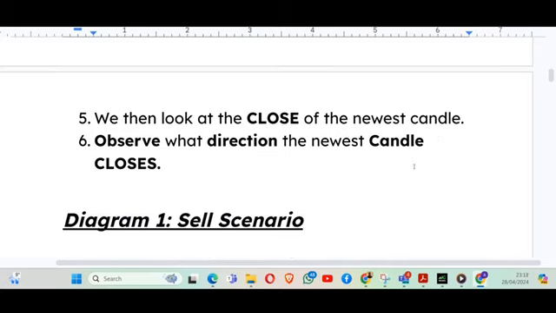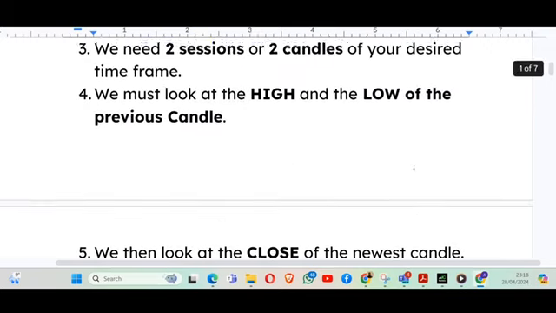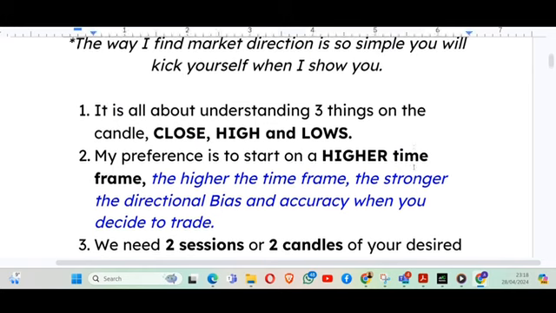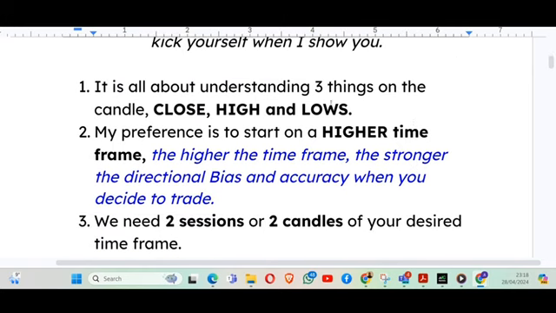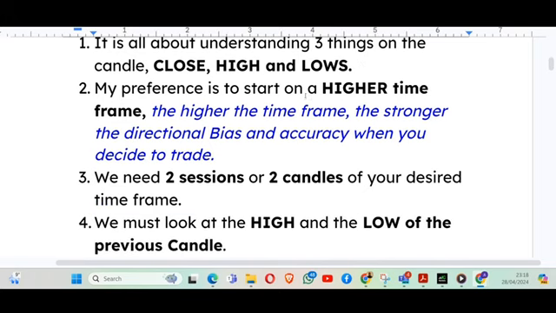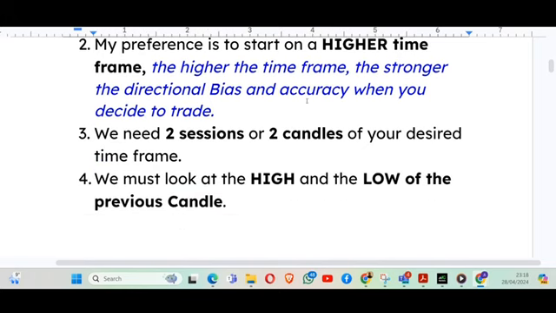Now let us look at what the sell scenario would look like based on this simple explanation I gave. So we're going to be observing the close, the highs and the lows of our candles. Our preference is going to be a higher time frame, and the stronger that is, the better and the more accurate our direction of trading.